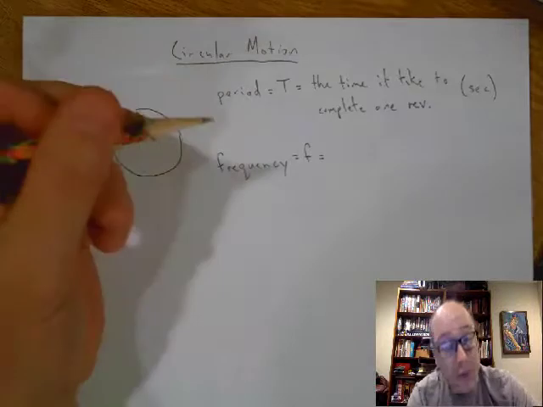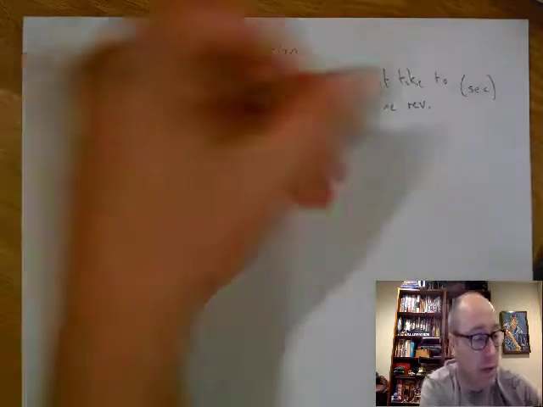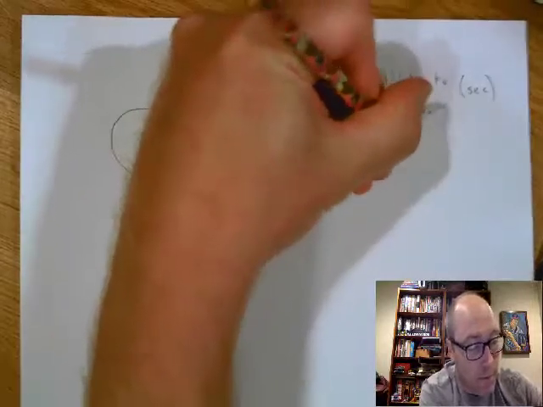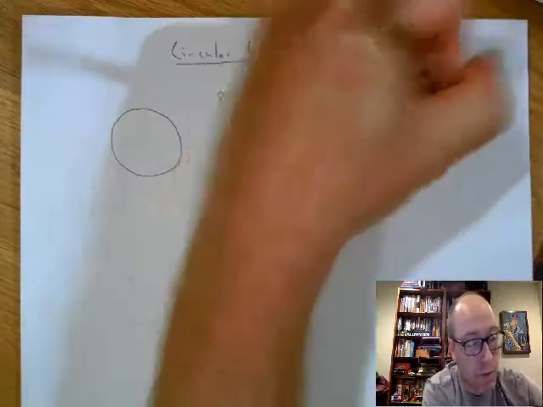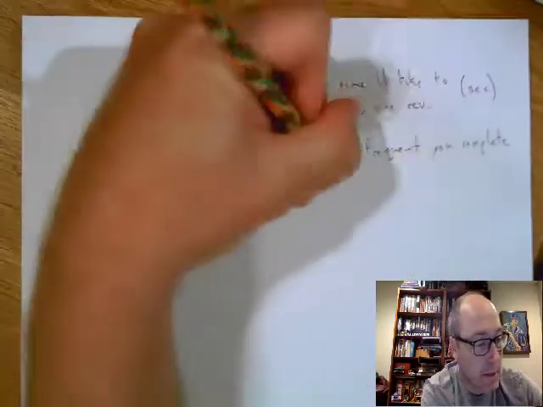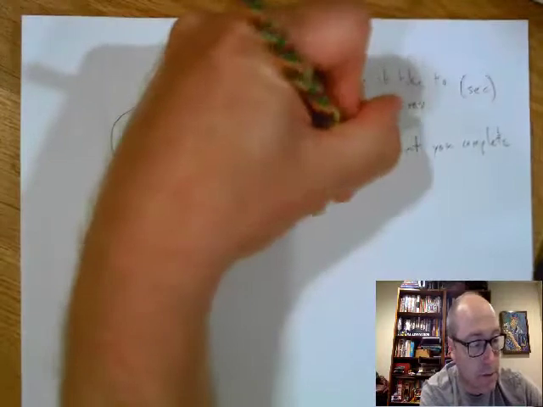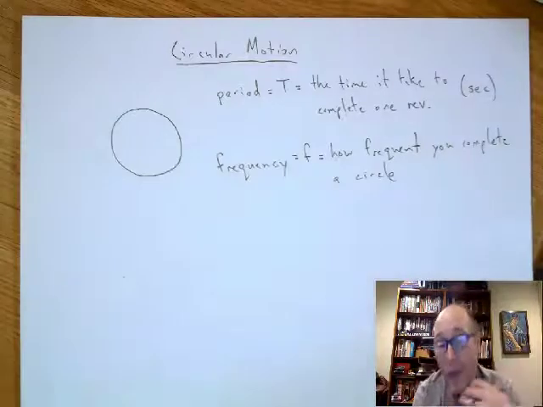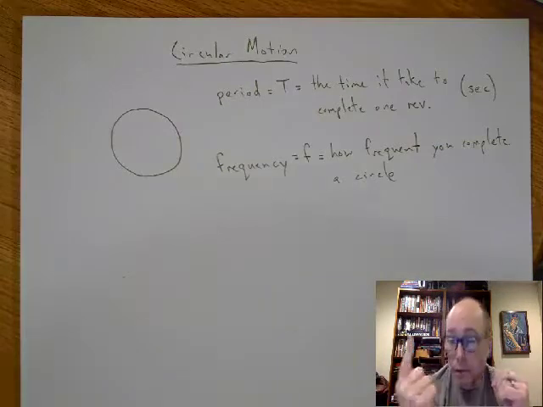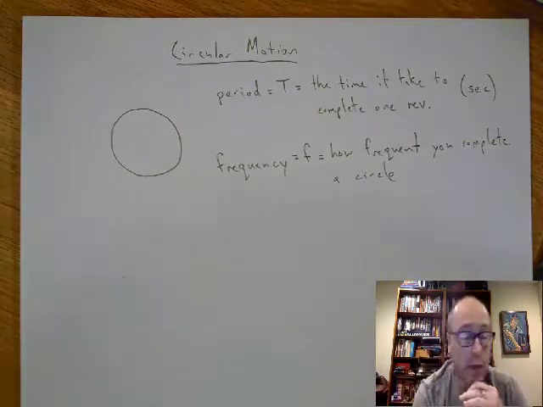This is how frequent you complete a circle. Later on we'll talk about waves, where it would be how frequent a wave is made. In this case, it's how frequent you make a complete revolution.